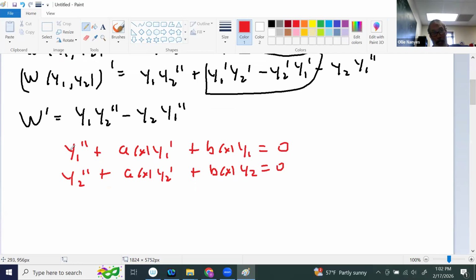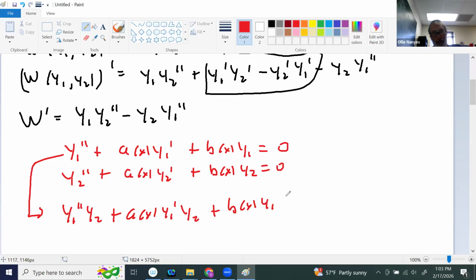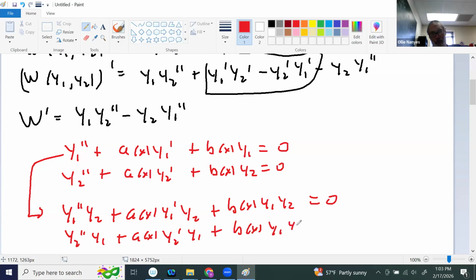Now, what I want to do is multiply this top equation by y2, and you still get 0. I want to multiply this equation by y1. Now subtract.